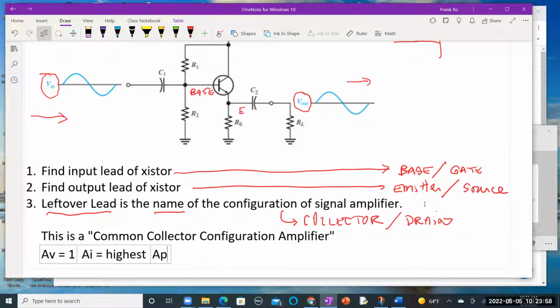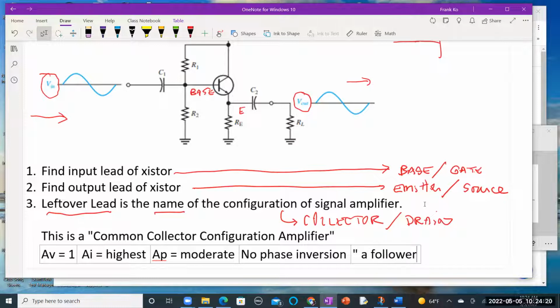It has an AP that is moderate. And it also has no phase inversion. And it's typically called a follower.